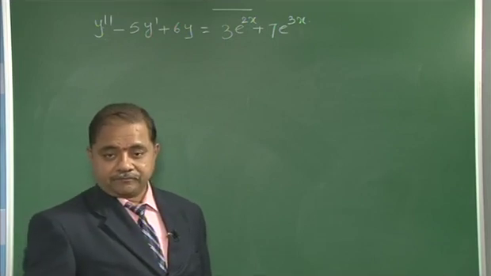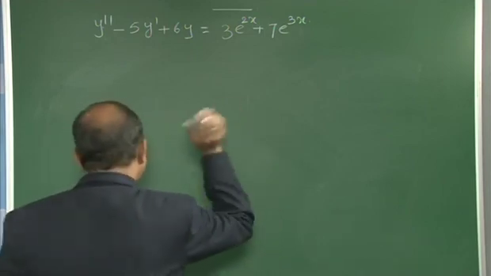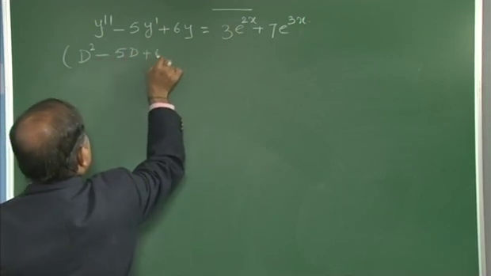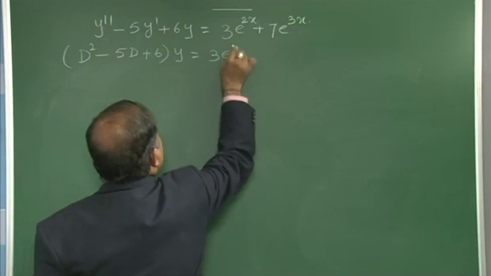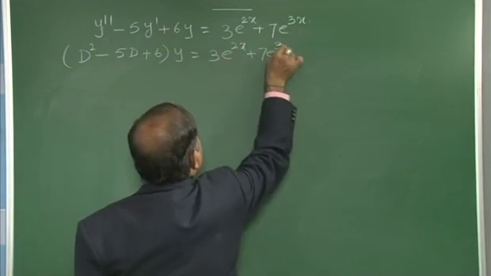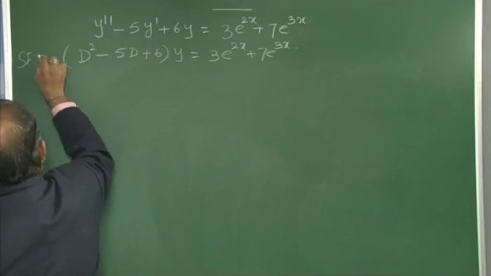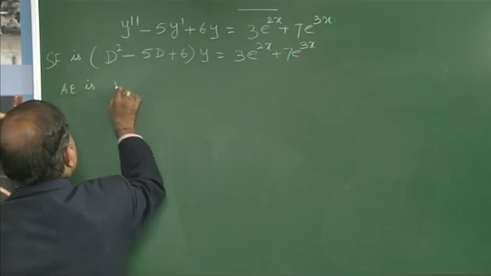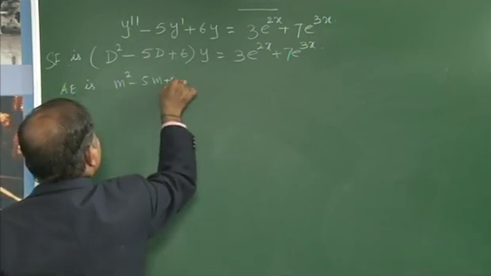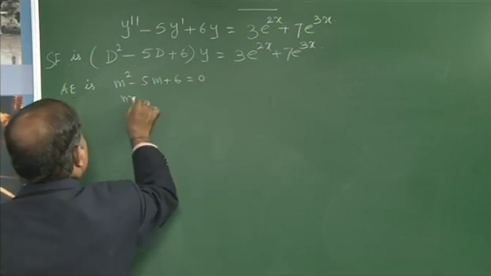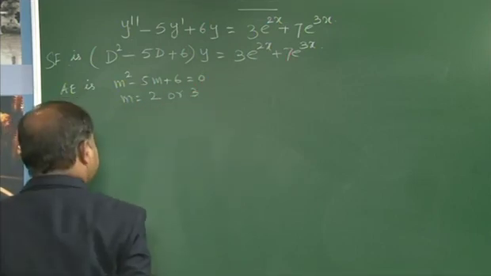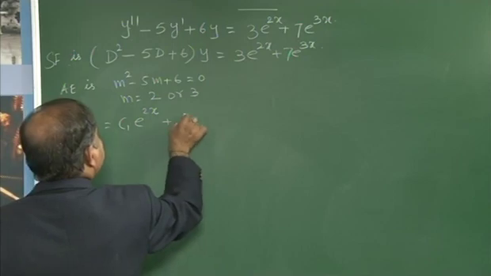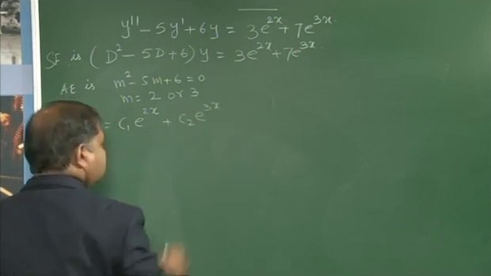No change in the left hand side: d square minus 5d plus 6 on 3 e power 2x plus 7 e power 3x. This is the standard form. The auxiliary equation is m squared minus 5m plus 6. You will get the roots 2 or 3. What is your CF? C1 e power 2x plus C2 e power 3x.